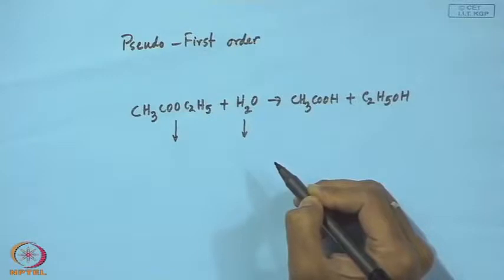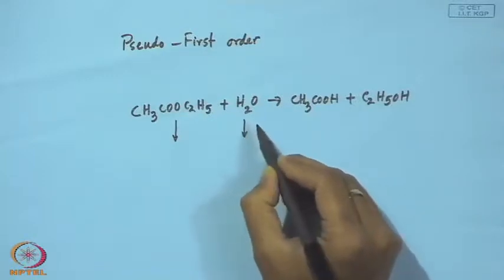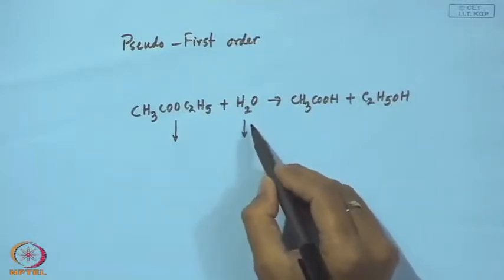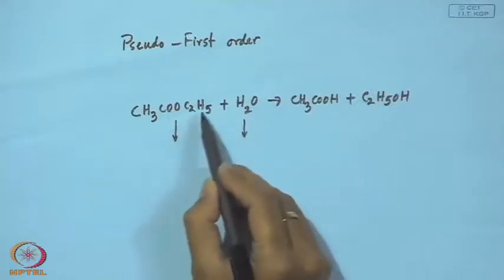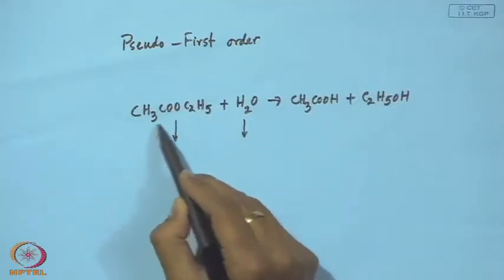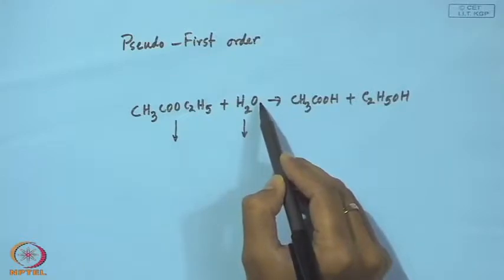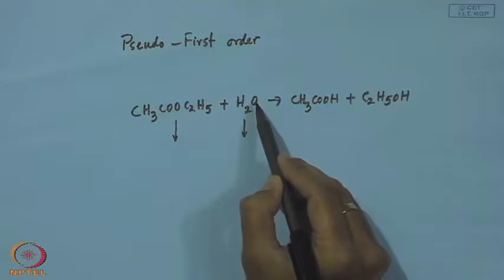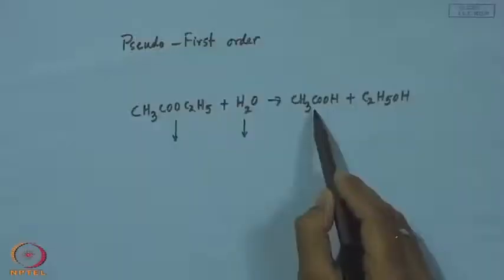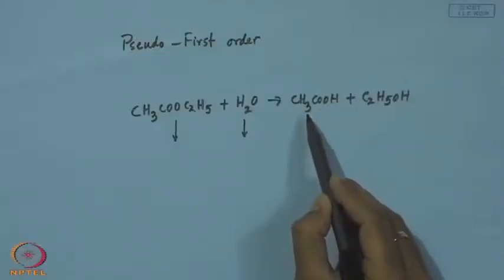Now, this reaction is carried out in water, that is, you put a measured amount of ethyl acetate in a given volume of water, then you add a trace amount of acid, say HCl, and then allow the reaction to proceed. So, ethyl alcohol and acetic acid will be formed along with water.